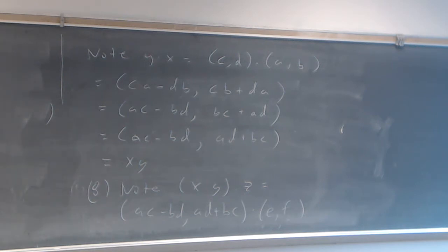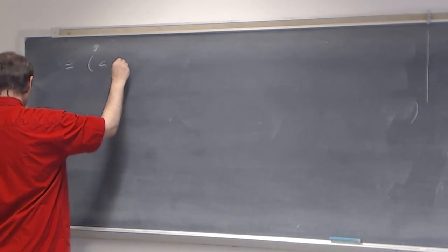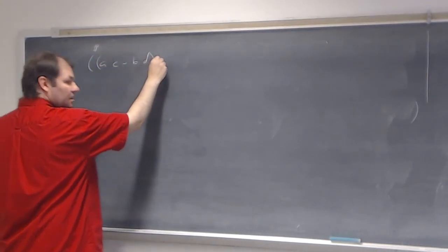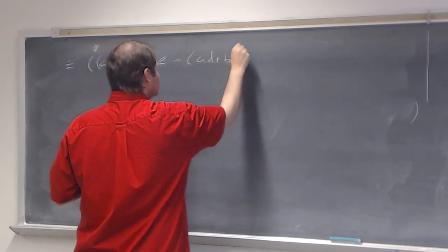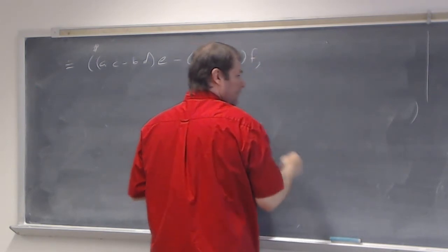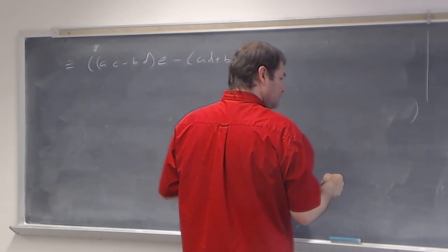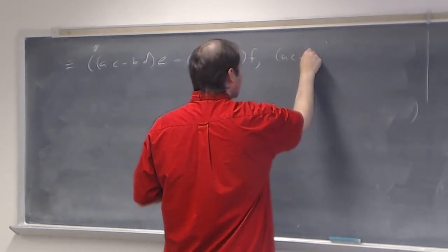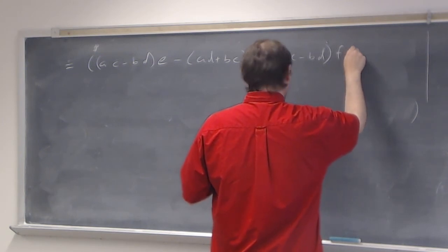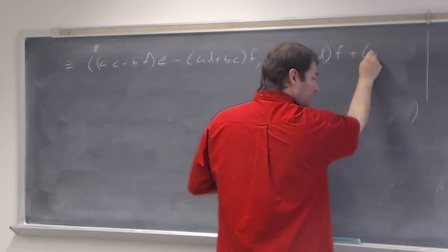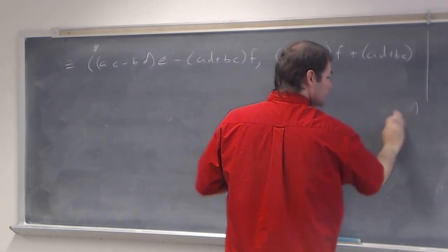And that's going to be equal to (ac minus bd) times e minus (ad plus bc) times f, comma, and the second coordinate is going to be (ac minus bd) times f, and then plus (ad plus bc) times e.